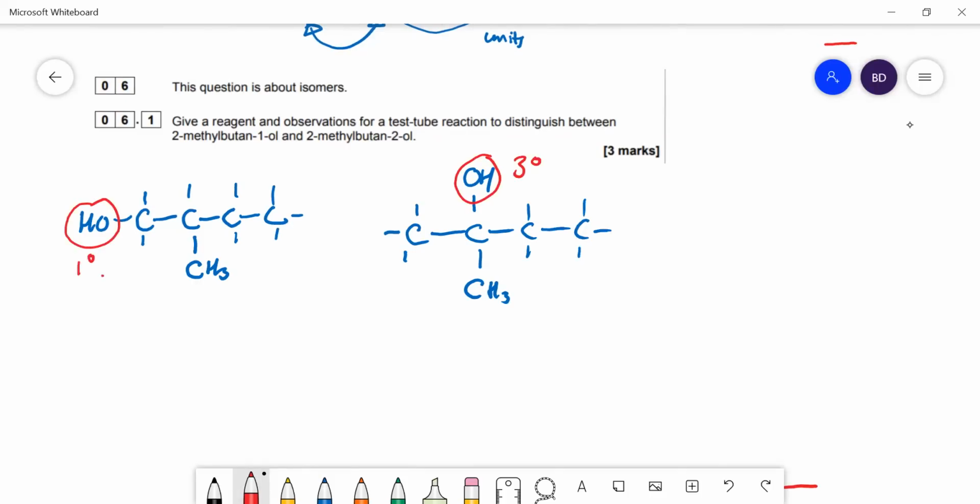Now, you can't oxidize a tertiary alcohol with potassium dichromate. You can oxidize the primary with potassium dichromate, and it's got to be acidified.